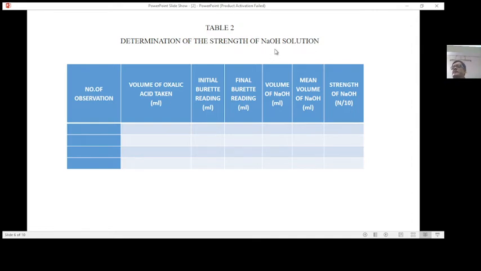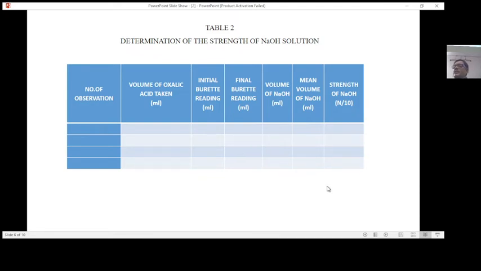As it is an acid, the second table will be for a base. We have to take the titration against a base. For this we go to the first table. We have got the concentration of oxalic acid. We have taken 10 ml of oxalic acid, and observations 1, 2, 3, 4. From the burette we can easily get the mean value of the NaOH.